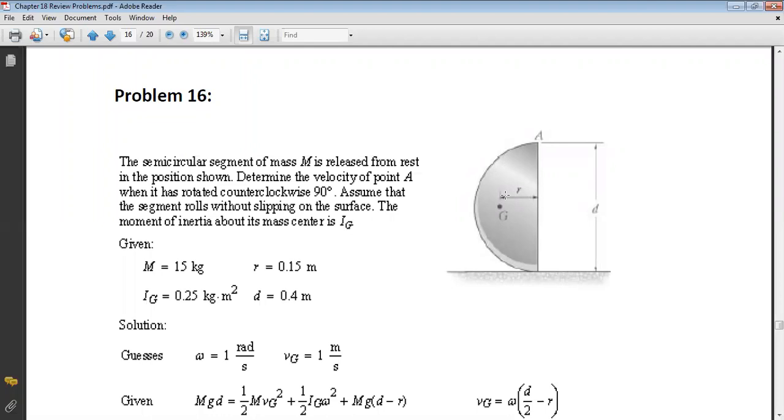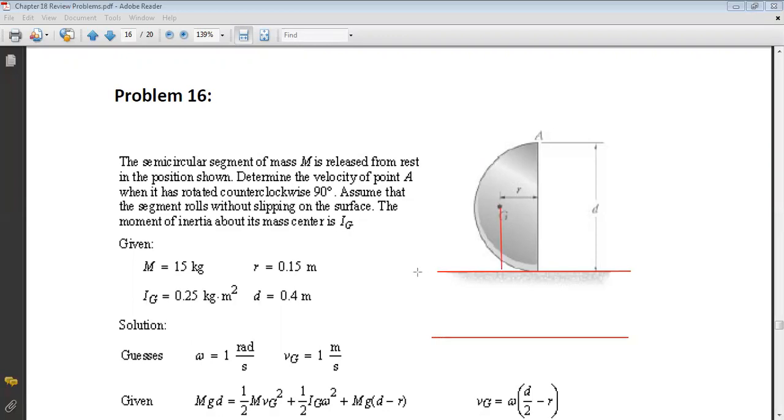For the gravitational energy, look, maybe they selected this as the reference. If they chose the reference here, then what they did is wrong; the gravitational potential should be mg times d over 2. But if they chose the reference at another place, let's say here, then it will be mg d.